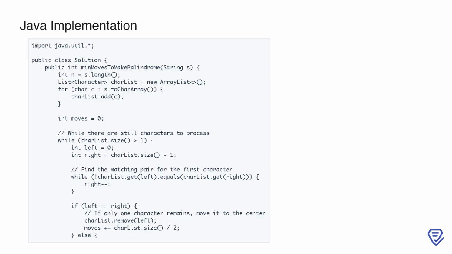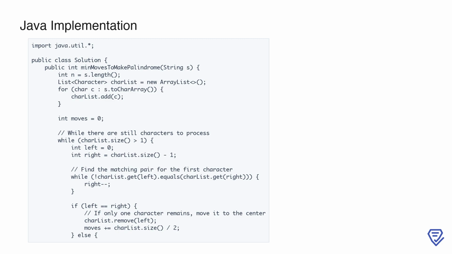Next, we initialize a variable moves to 0, which will keep track of the total number of moves. The core of the algorithm involves a while loop that continues as long as there are characters to process in the list. Inside this loop, we use two pointers, left and right, to traverse the list from opposite ends. The purpose is to find a matching pair for the first character in charList.